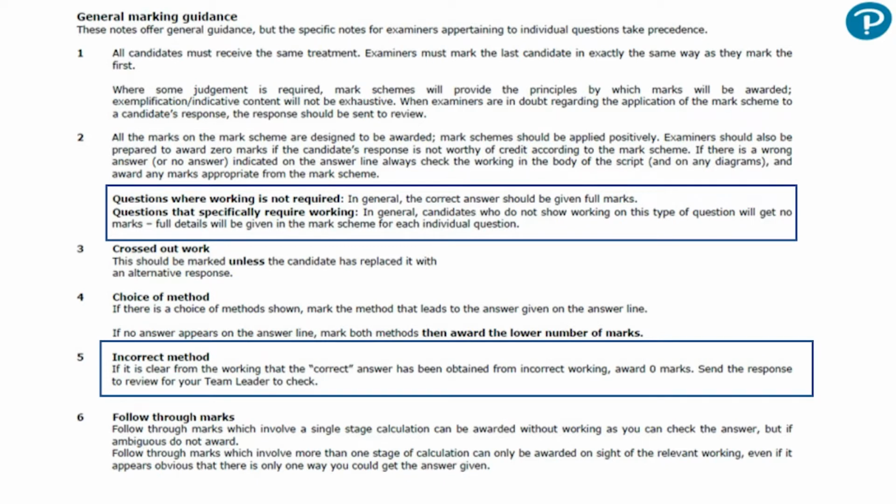Having been around a bit, I will go through one of those multi-step questions and annotate, saying, I'm giving you M1 here for 50 divided by 5, not because you've got the answer, but I'm giving it to you there. That's quite good practice, but you do see some scripts where they've got M1, P1, and that's worth looking out for as well, just to show that you can see where the marks have clearly been given.